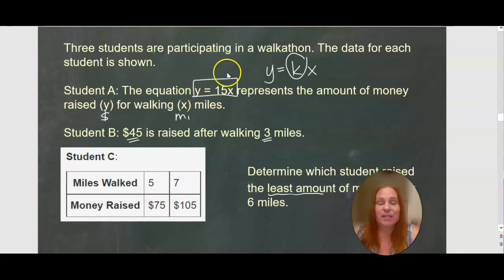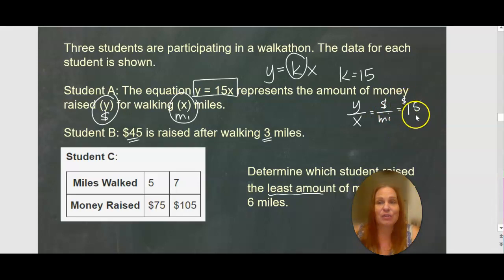We know that this unit rate from the equation, the unit rate or the constant of proportionality is 15. That means that the student raised $15, right, because that's Y, per mile. Because Y divided by X, which is money divided by miles, is 15. So that's $15 for 1 mile, right?